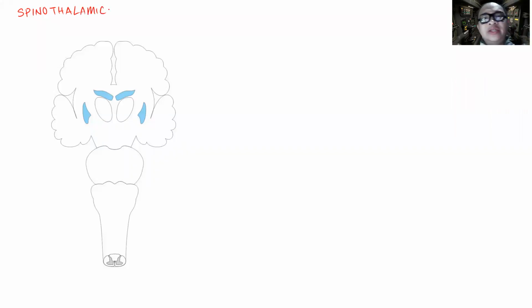And when you're thinking about the spinothalamic tract, the primary modality that immediately jumps into your mind is pain and temperature. Okay, pain and temperature, and then you add crude touch.